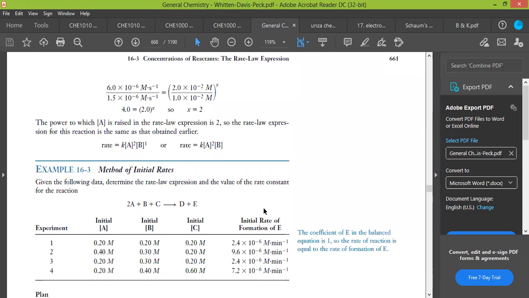So for example, this is another example. You have 3 reactants, A, B, and C, giving you D. So I will explain using the observation. You guys take a screenshot of this particular part.